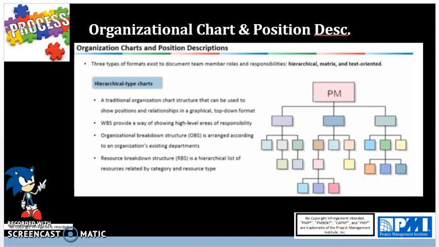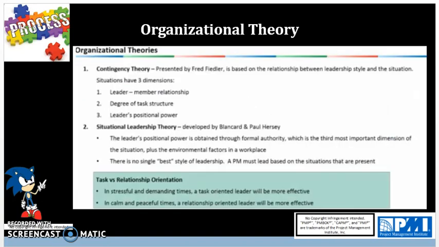Next we have organizational theory, which will be tested on the PMP exam, and these are easy questions to get correct, so I highly recommend you study these. The first one is contingency theory. It was presented by Fred Fiedler and is based on the relationship between leadership style and the actual situation.